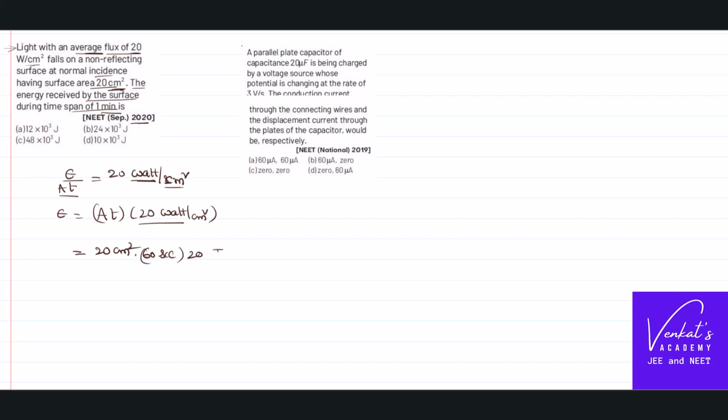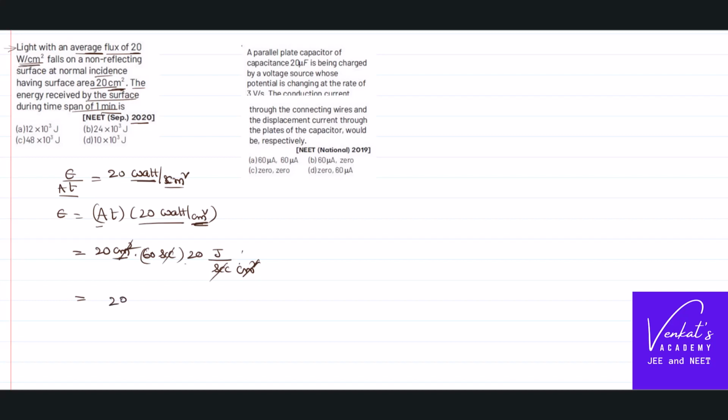Into 20 watt, which means joule per second. Now if you look at the units, second and second will cancel, and centimeter square and centimeter square will also cancel. So I need not convert from centimeter square to meter square, because the given data is also in centimeter square.